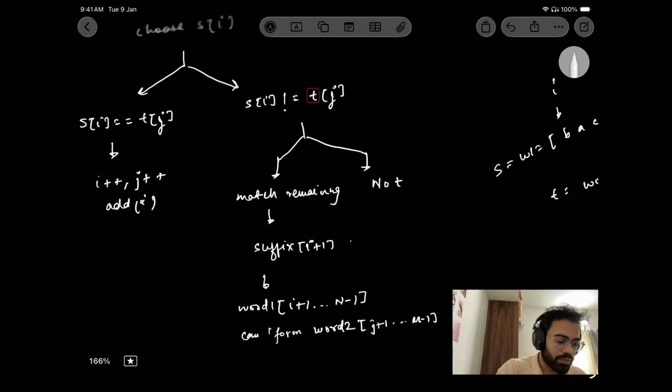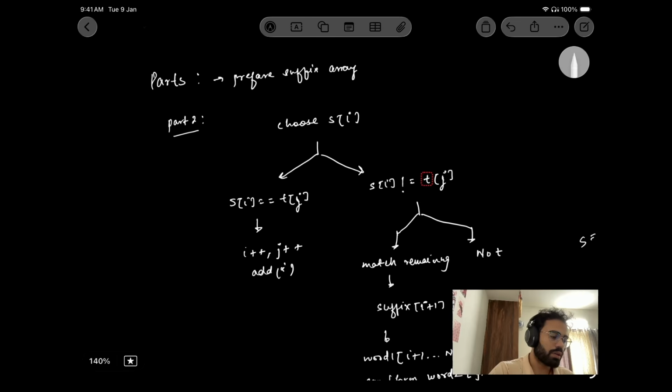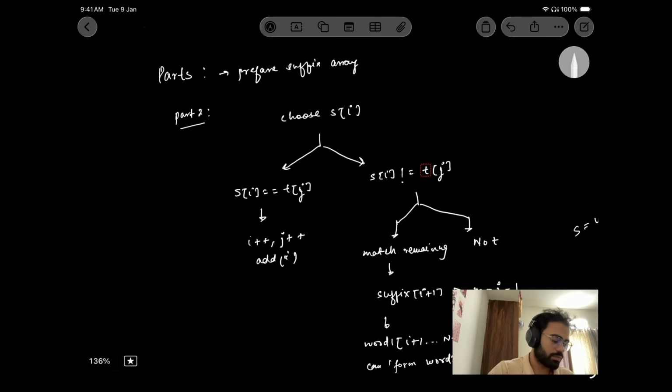This suffix length should be at least what is left, which is m minus j minus one. That's it. Nothing complicated.